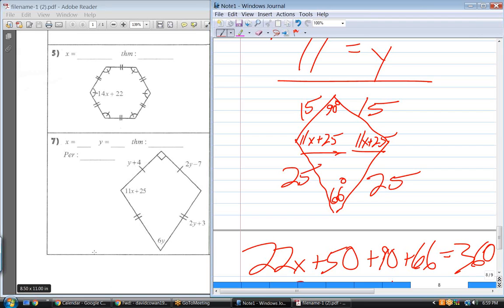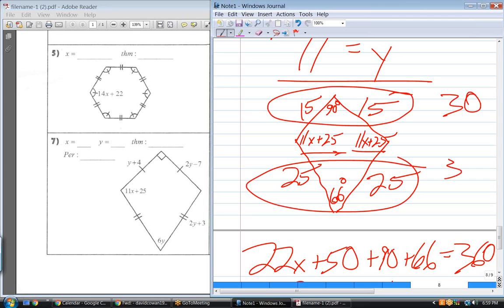I noticed how you added those four numbers together. You should never end up with a 5 at any point in that process. Add those two numbers together to get 30, and then these two to get 50, and then add them together. Or you could add those two together to get 40.